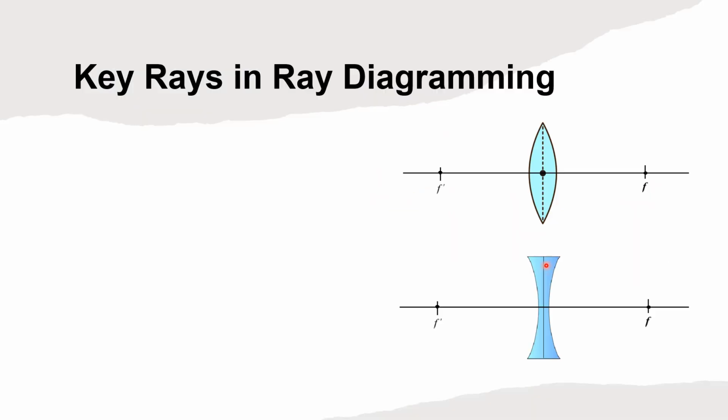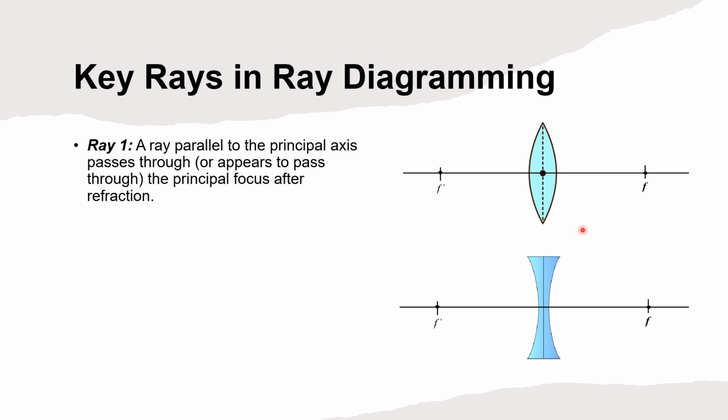There are key rays in ray diagramming. These are the rays that we have to bear in mind as we go through this lesson. Ray 1, a ray parallel to the principal axis, passes through or appears to pass through the principal focus after refraction. So in this case, for convex lens, ray number 1, which is color blue, will refract to the focus.